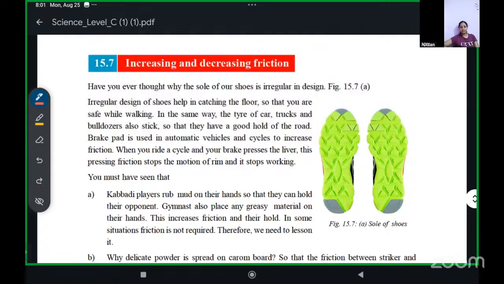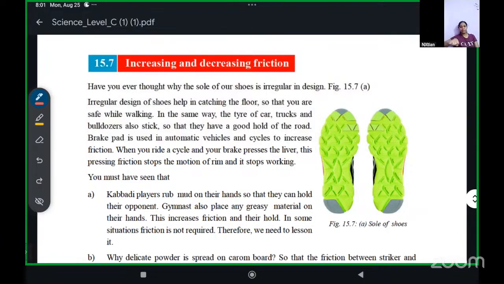Brake pads are used in automatic vehicles and cycles to increase friction. When you ride a cycle and press the brake lever, the friction stops the motion of the rim. There is a circular rim, attached by a wire to the brake of the cycle.